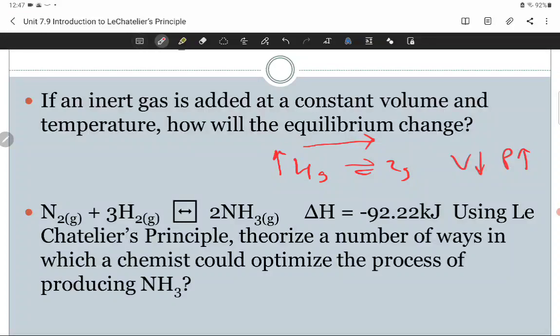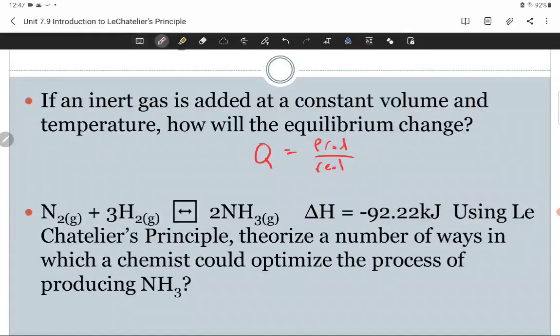And you could talk about collisions with all those that I just mentioned. And you can also talk in terms of Q, products, and reactants. So if someone says validate your answer, collisions or that Q versus K idea is where we'd want to go with that.